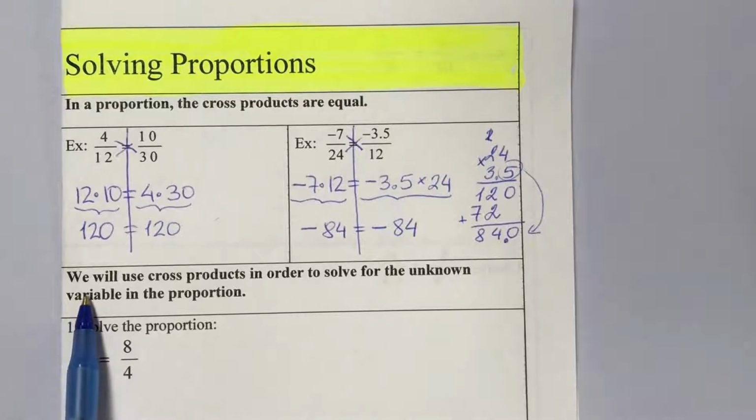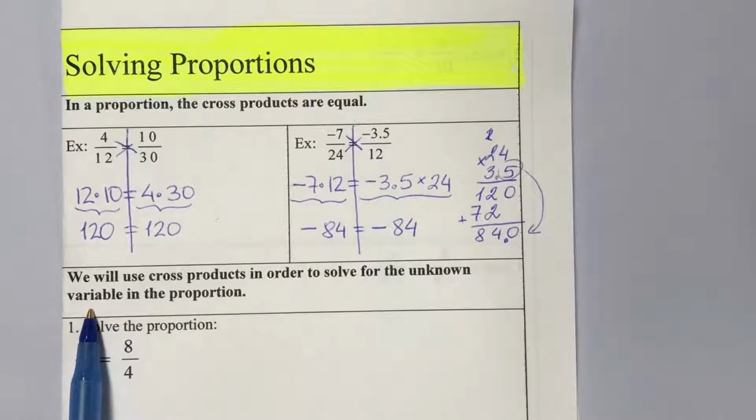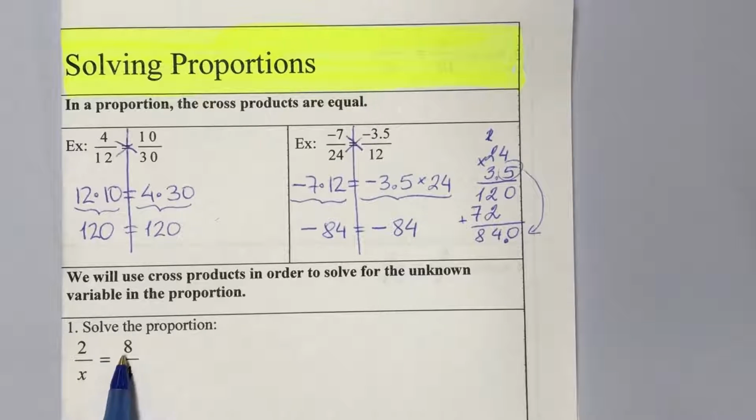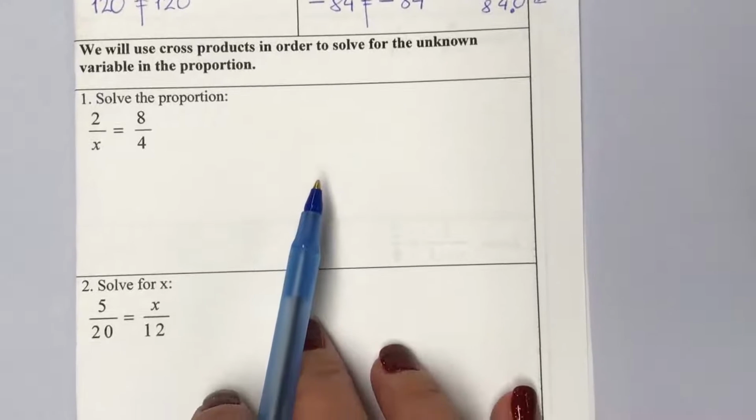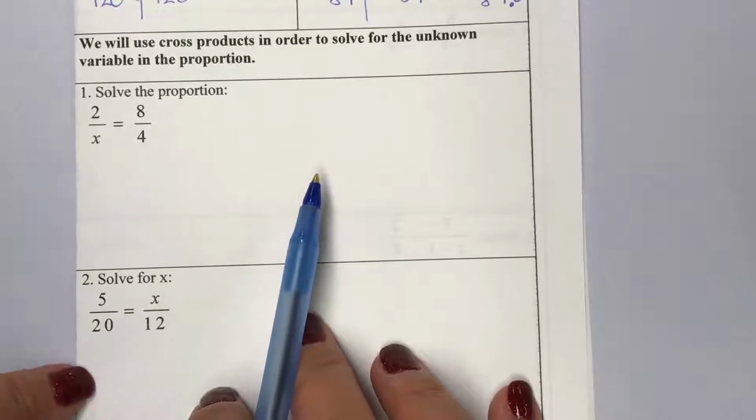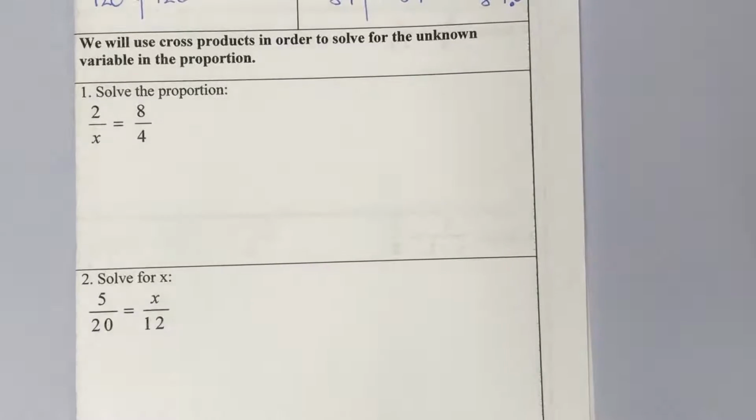We will use cross products in order to solve for the unknown variable in the proportion. So in our proportion, I have 2 and 4 across, and 8 and x across. So the unknown variable can be solved by using the cross product and setting up an equation. So across, we have 8 and x.